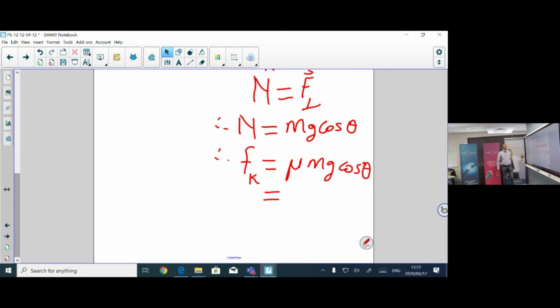We have mu, and mu is given as 0.25. Is there any unit there? No, we don't have a unit. What I'm going to do, I think I can just take it back here. Let me take it back so that it will be clear.